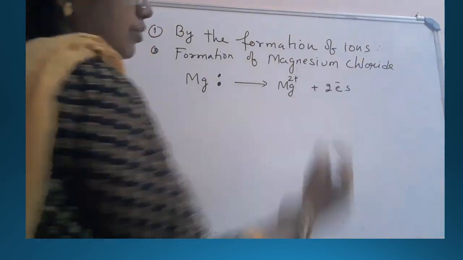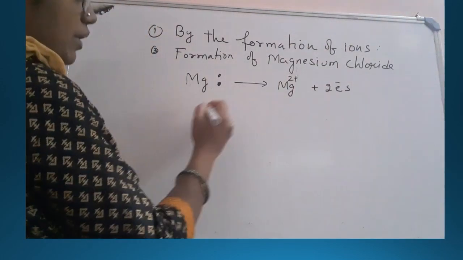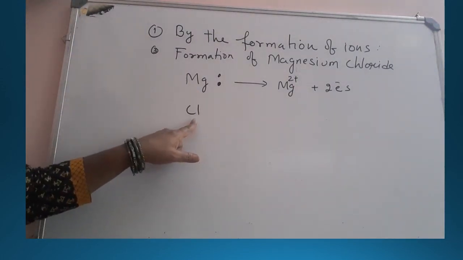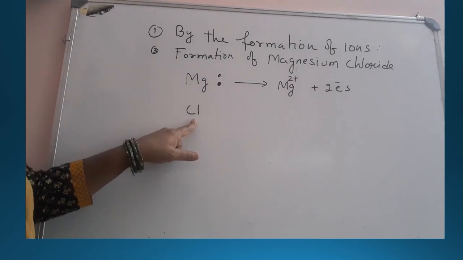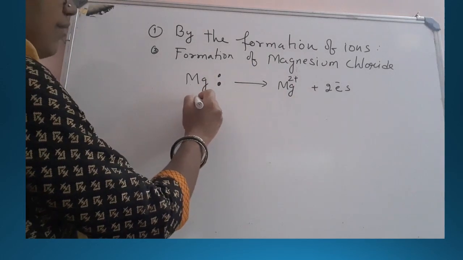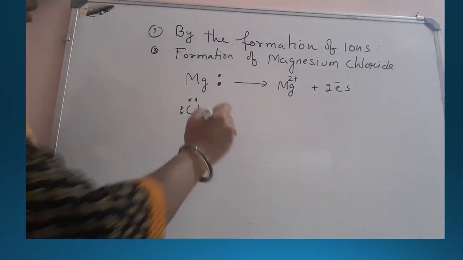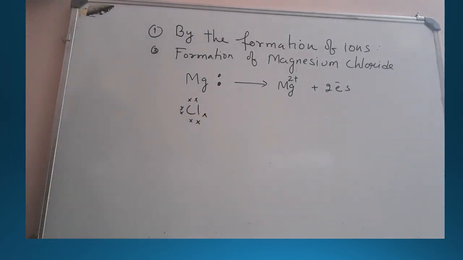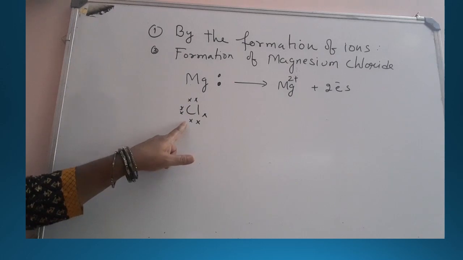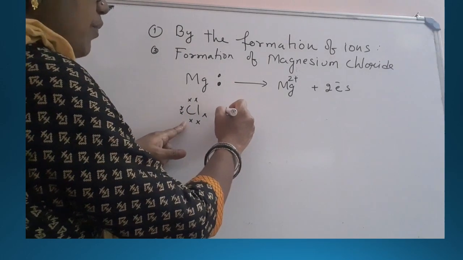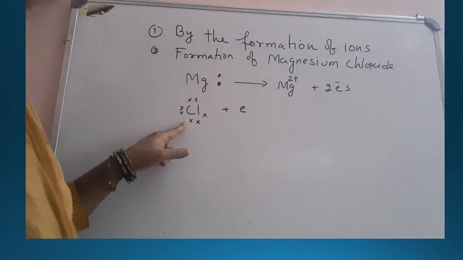But chlorine, the electronic configuration of chlorine is 2, 8, 7. That means it has 7 electrons in its outermost shell or valence shell. As it has 7 electrons in its outermost shell, it can gain only 1 electron.